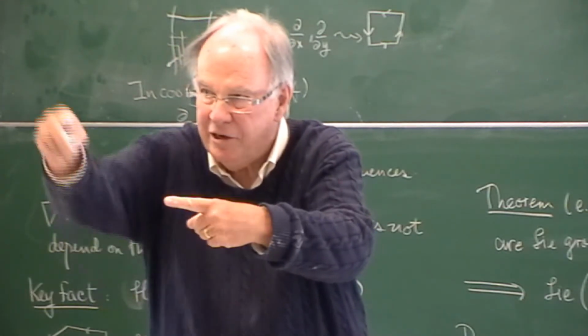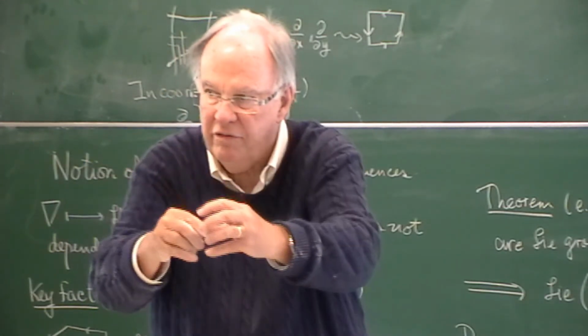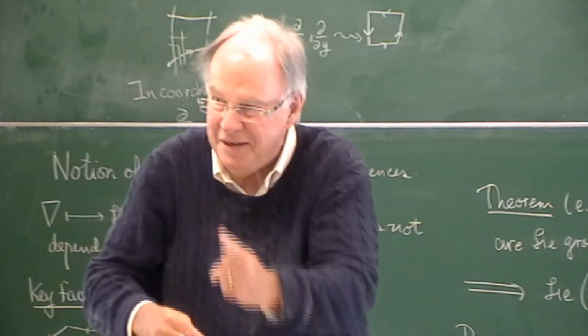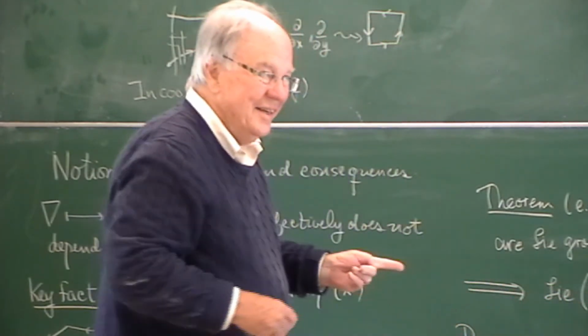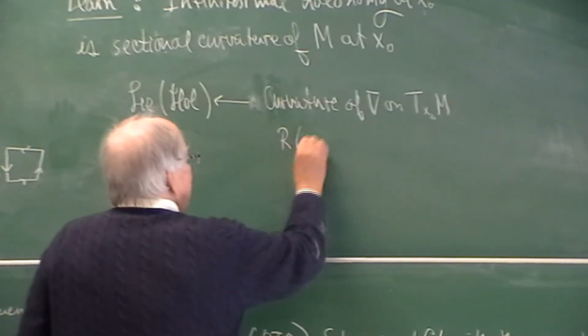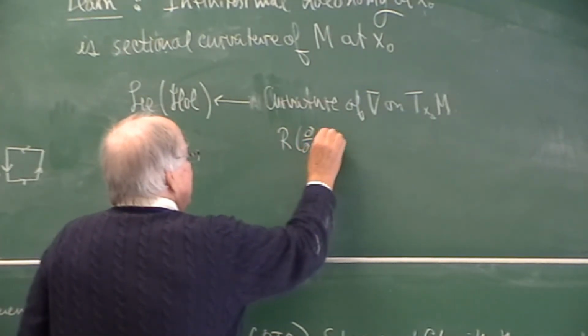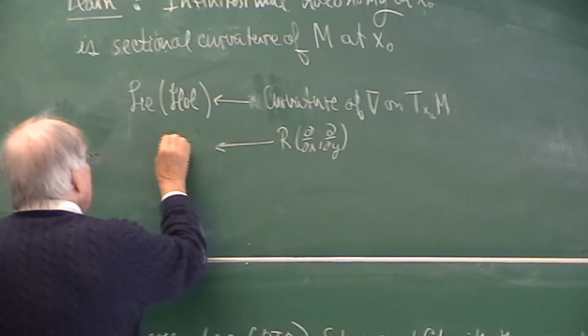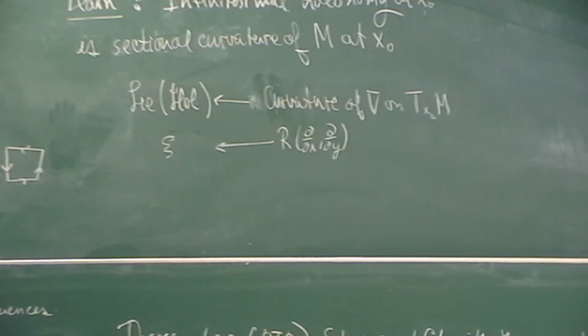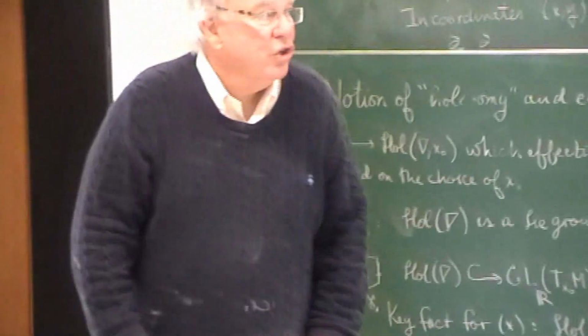And I get a curve by these rectangles, a curve in the holonomy group that gives me the tangent vector of the holonomy group, which gives me an element of the Lie algebra. So that gives me R goes to some element, whatever it is. Okay. This could be trivial.